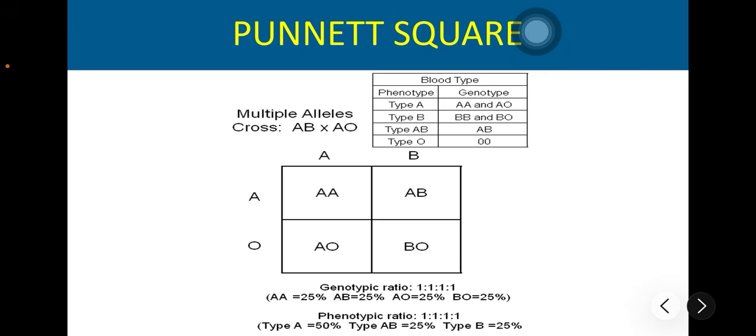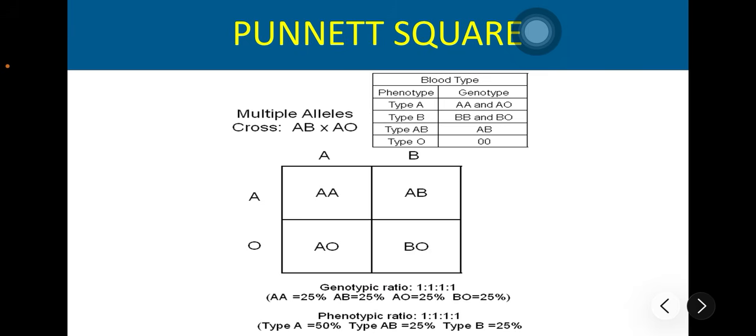So let me give you a scenario again. A mother is RH negative, which contains homozygous small d antigens, and the father is RH positive but heterozygous. So the father could have the big D and then the small d antigen. So the mother can only contribute a small d allele, while the father can contribute either a big D or a small d allele.